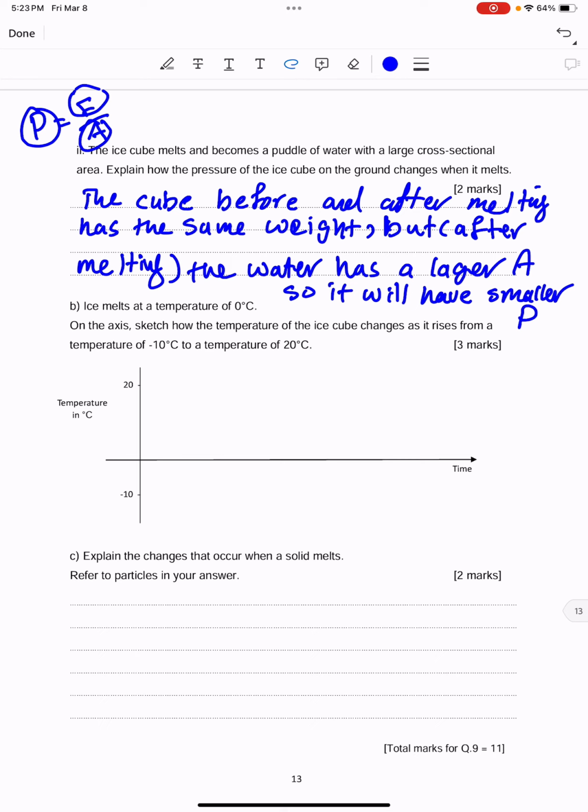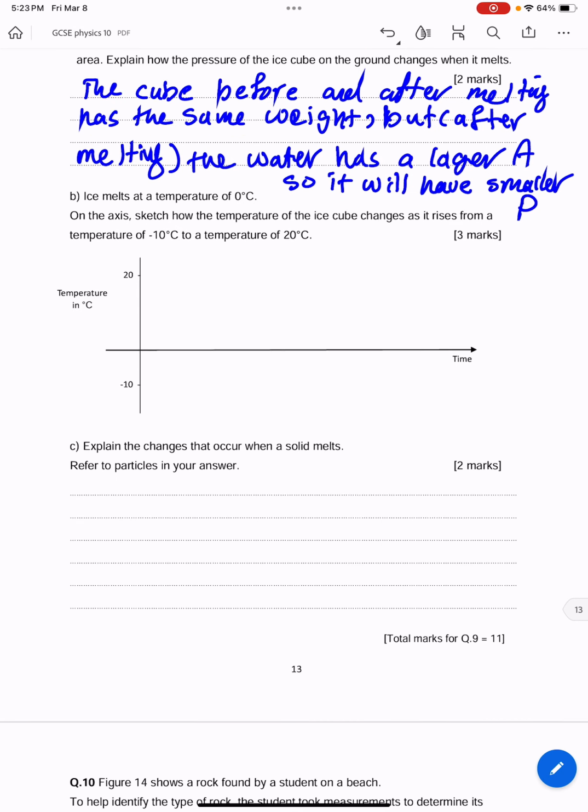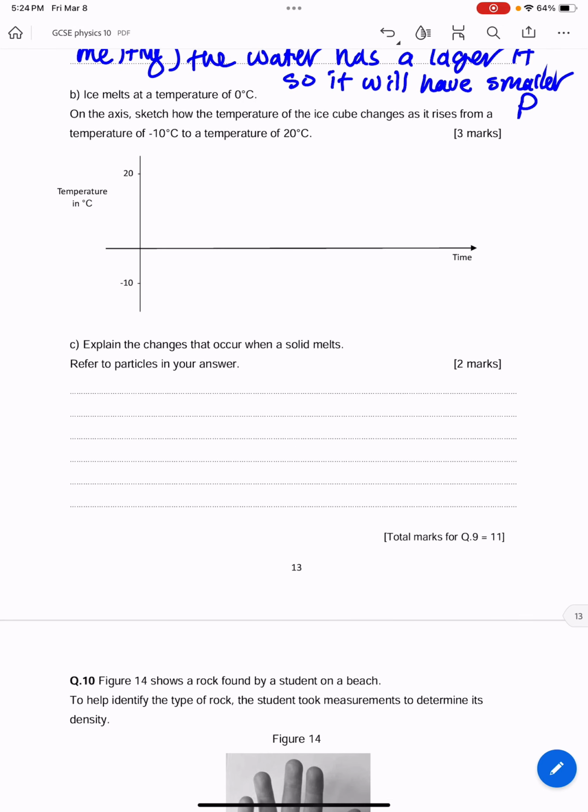However, what has changed is the cross-sectional area, the shape, the volume of the cube. Now it's water, it's not solid. So something has changed, but it has nothing to do with the weight. It has to do with the cross-sectional area, and because of that, the pressure has decreased. So write it however you want, as long as you mention these two.